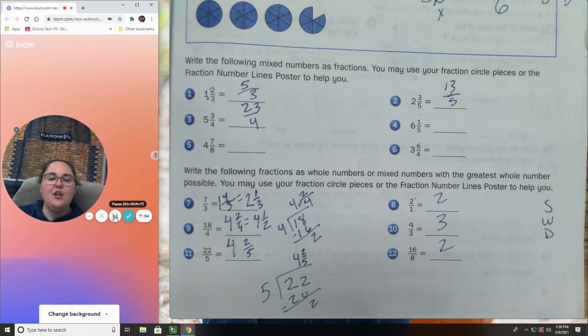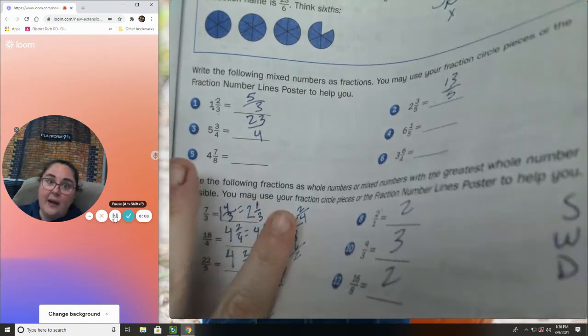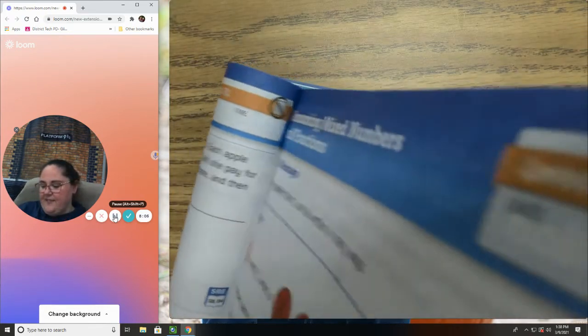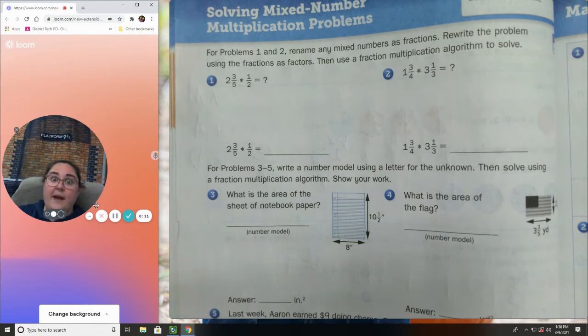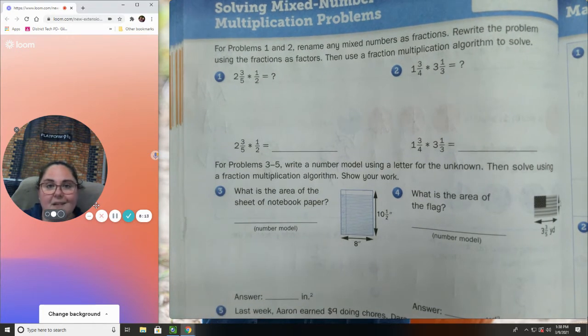So knowing these processes, knowing how these numbers work, will help you when multiplying mixed numbers. So we learned how to do area model with lesson 7.1. And while area model is a way to do this, there is a simpler way.